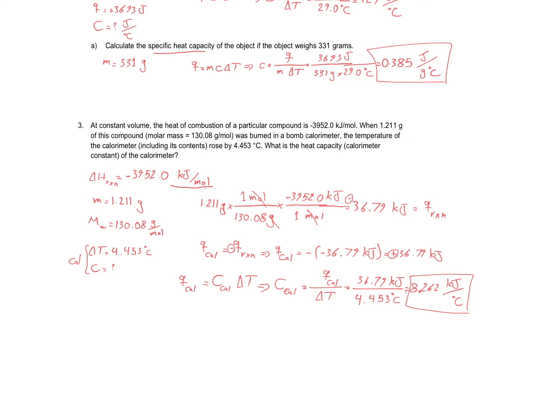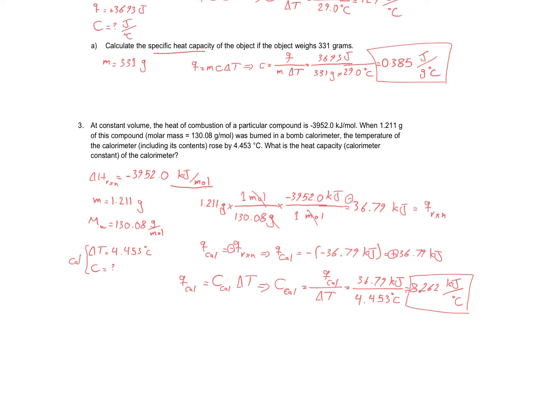So we had negative 36.79 kilojoule as Q of the reaction. Q of the reaction is equal with a negative sign to Q of the calorimeter, right? So QCal equals negative Q reaction. So QCal is positive 36.79 kilojoule. And for QCal, we have Ccal delta T. That's the equation that you have to memorize.